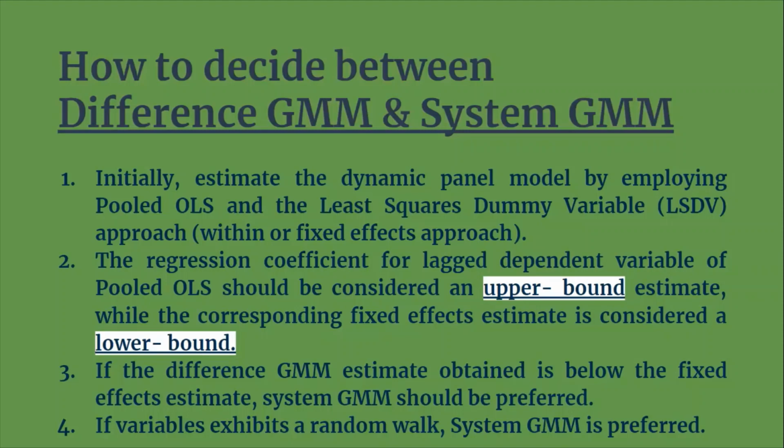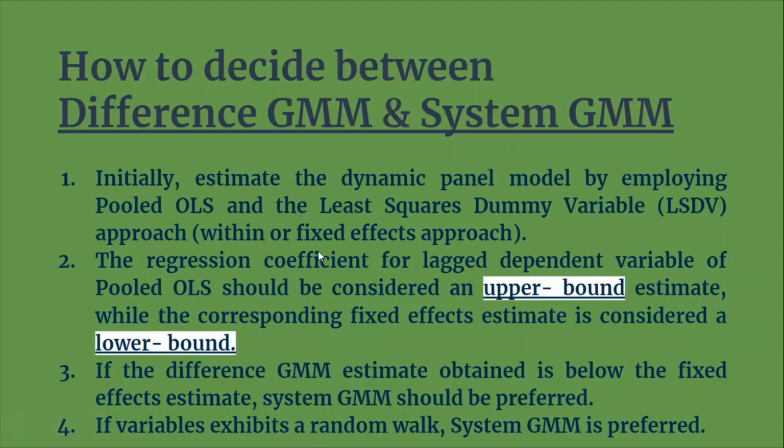So you have obtained two values for the same regression coefficient, and you have to check the value of the regression coefficient of the lagged dependent variable. The value obtained through pooled OLS is considered an upper bound and the value obtained through fixed effects is considered a lower bound, right?